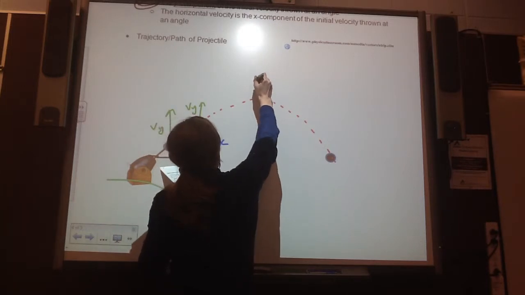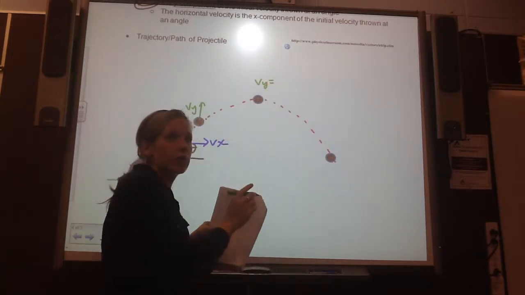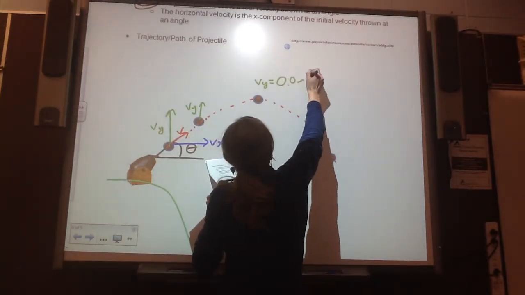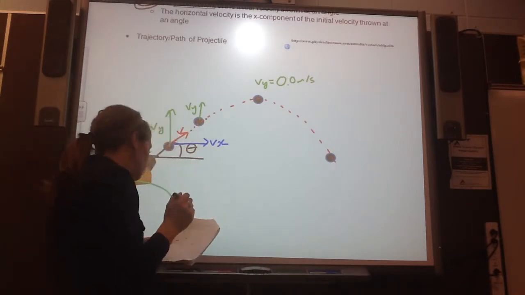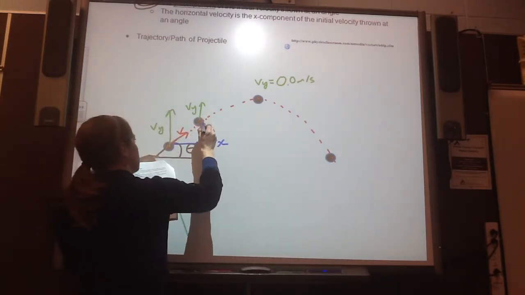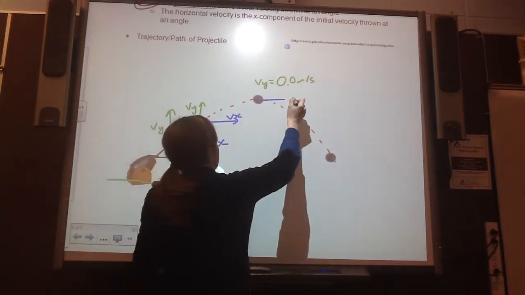Vy at the top point, what do you think it's going to be? 0. There's no vertical vector at Vy. Our Vx is still going, and I still have my Vx.